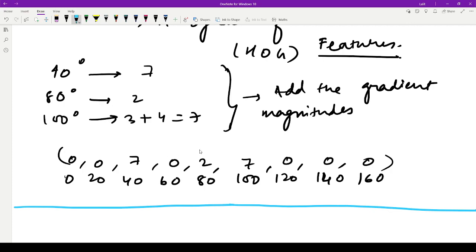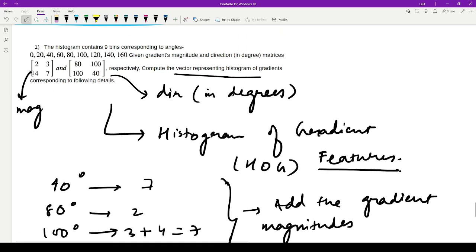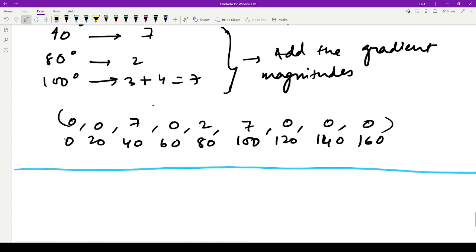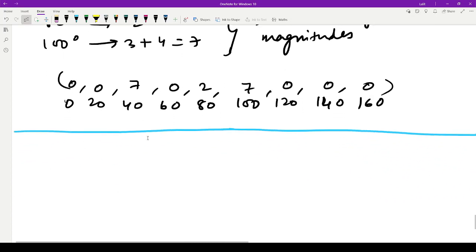So one easy way is you can just make this a unit vector and then match between the two images, or else you can just normalize the image so that intensity values lie between a specific range like 0 and 1. So correspondingly, your gradient magnitudes will also change, and then both of the histograms will be the same if they contain the same object. Okay, so we move on to the next question.